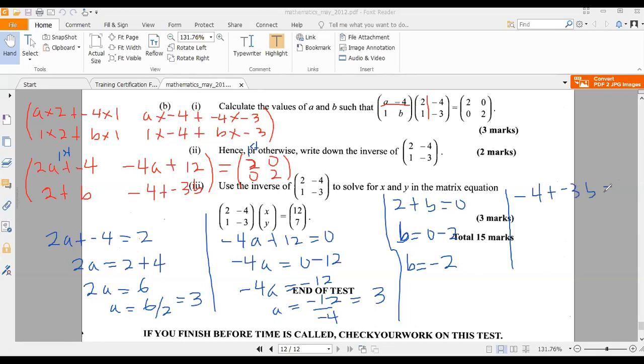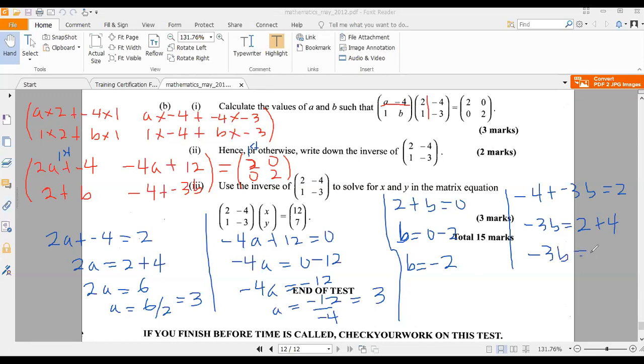So I put it equal to 2, right? When you look at this one, this will give me negative 3B. It had been 2 plus 4, so negative 3B is equal to 6.